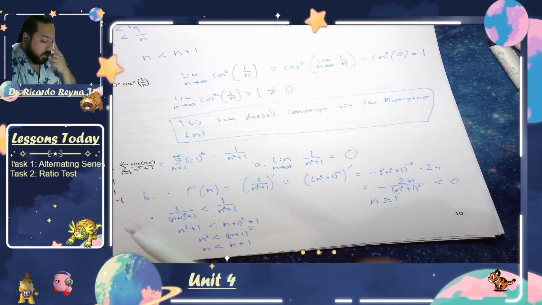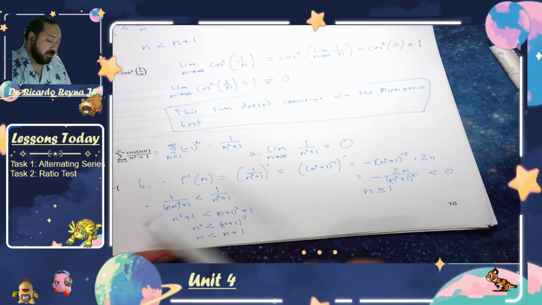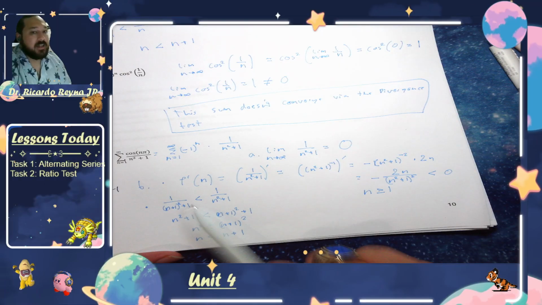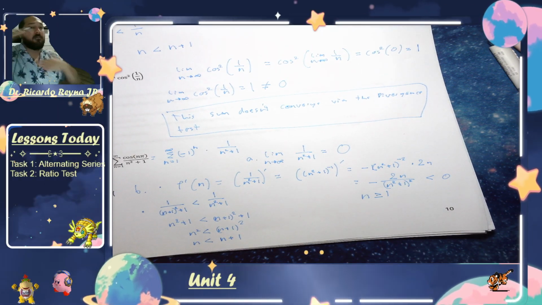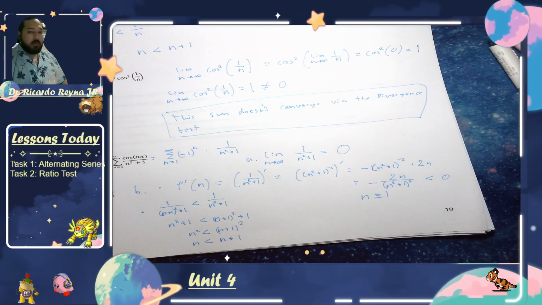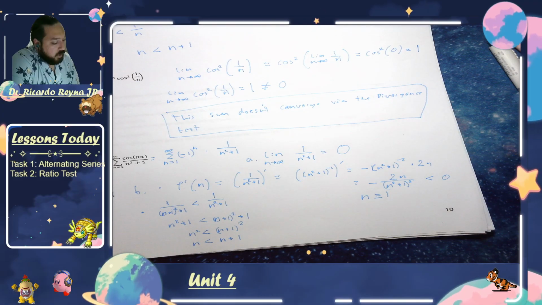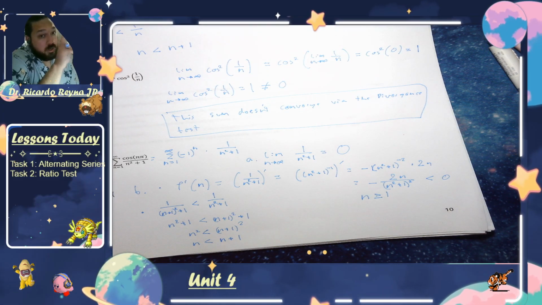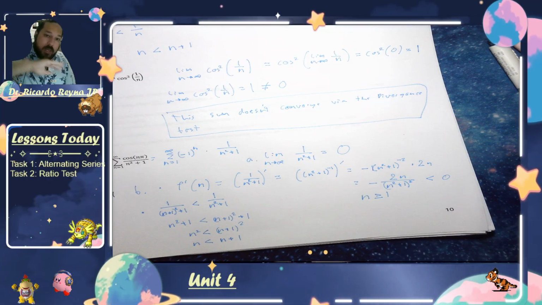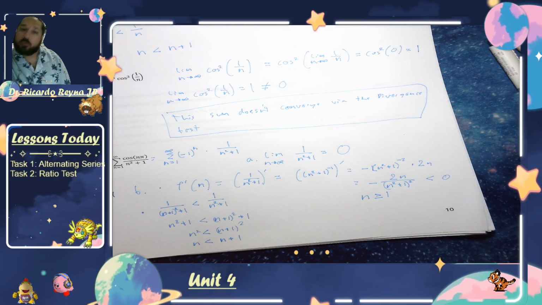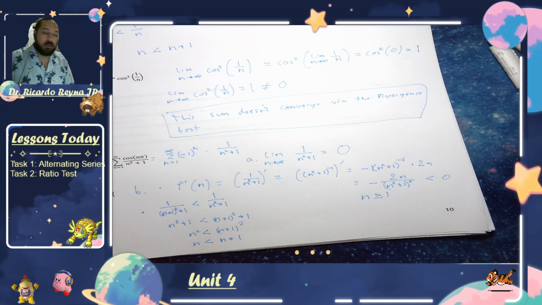The only time where maybe this will be better than this is when this setup is not as obvious or it has a fault. So I'll let you decide whichever one you want. I know in the homework they have some trick ones where it has a little hiccup, like when n is equal to 1, n is equal to 2, and then maybe when n is equal to 3, it will start steadily decreasing.